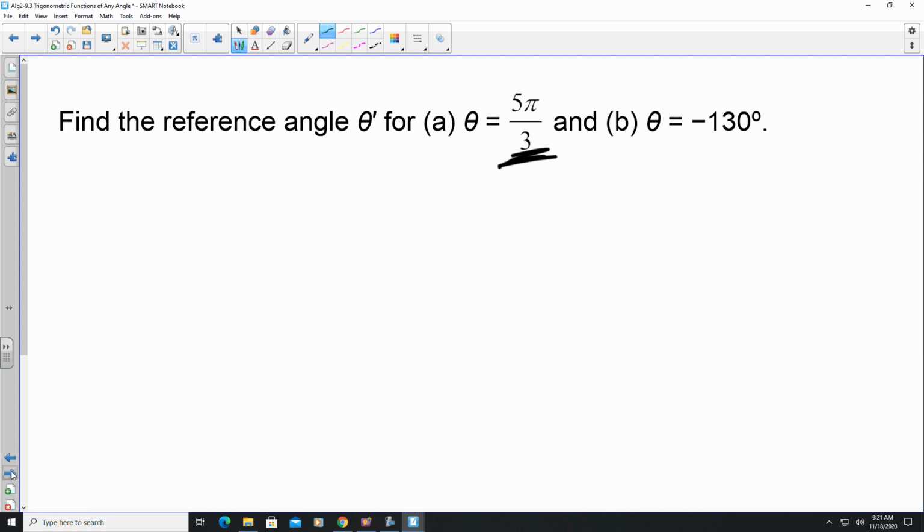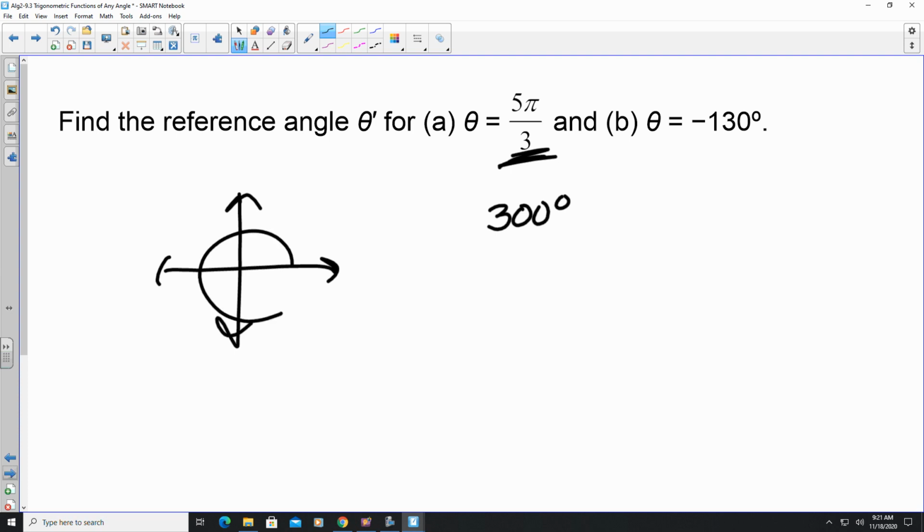Sometimes I have a hard time seeing where 5 pi over 3 is in my coordinate plane. So it's just easier for me to put it into degrees. So if I take 5 times 180 divided by 3, and then I cancel out the pi's, this is going to be 300 degrees. So I can identify where 300 degrees is because it's right about here.